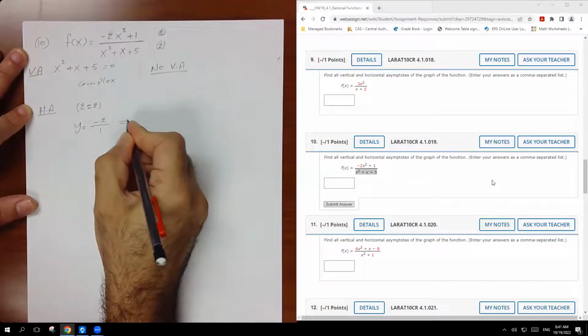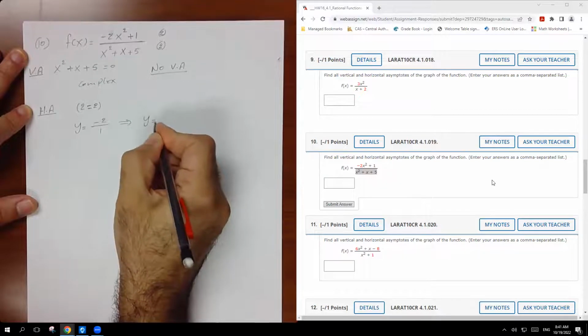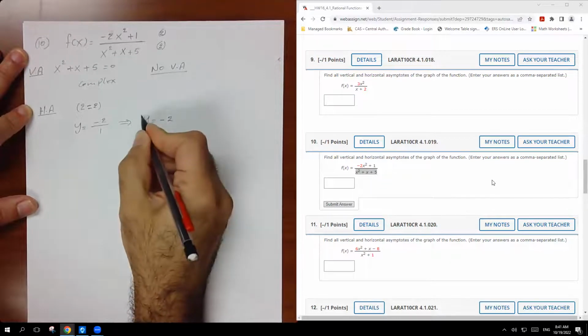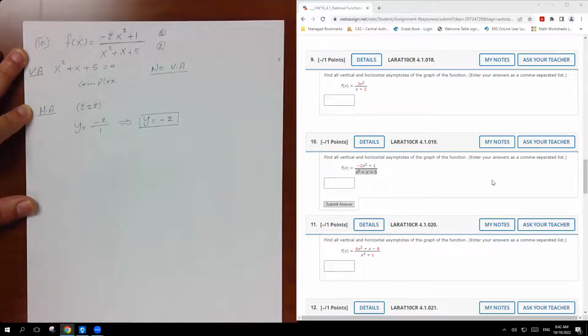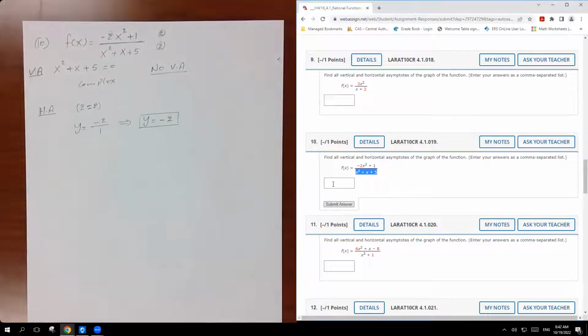That means the horizontal asymptote is y equals -2. This is the horizontal asymptote. No vertical asymptote. So in this example, we're just going to type y equals -2.